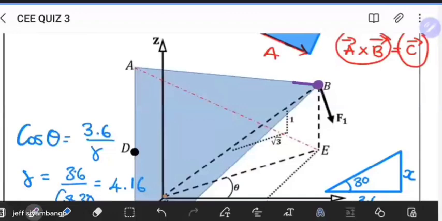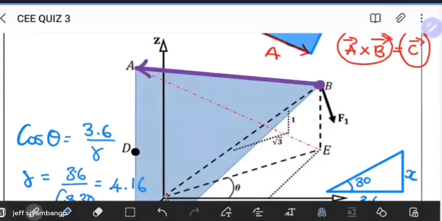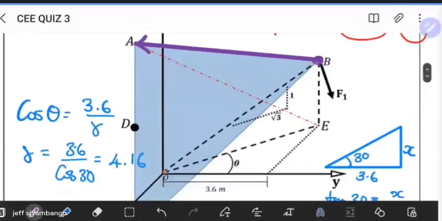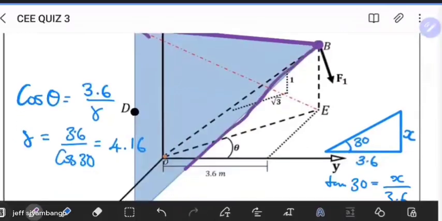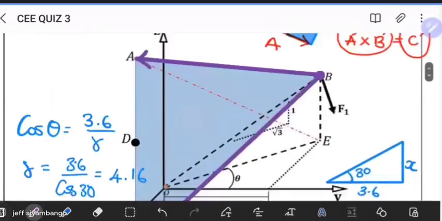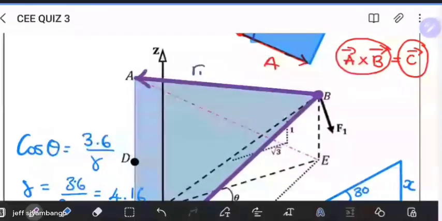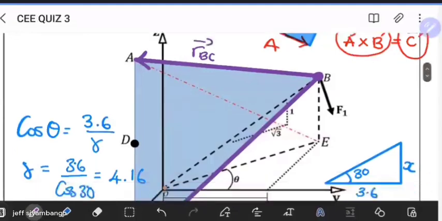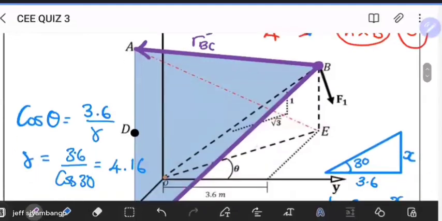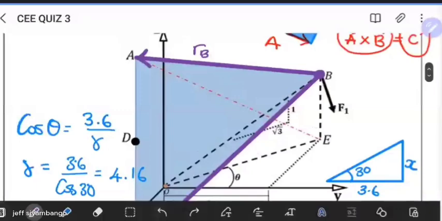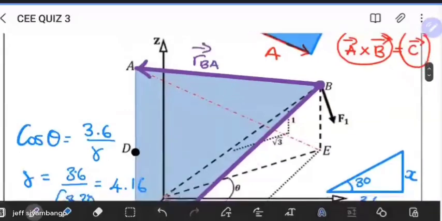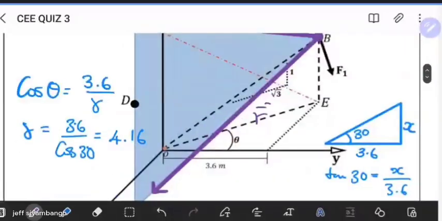So we need to find a vector that runs from B going towards A, and we need to also find a vector that runs from B going towards C. Since it is from B to C, this is RBC, and the other one, from B to A, is RBA.